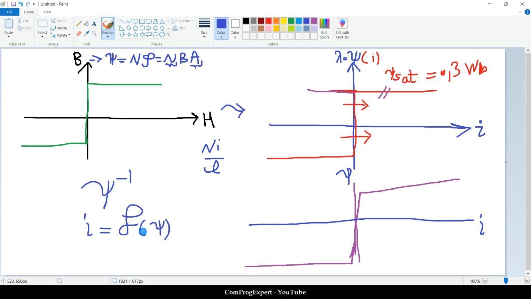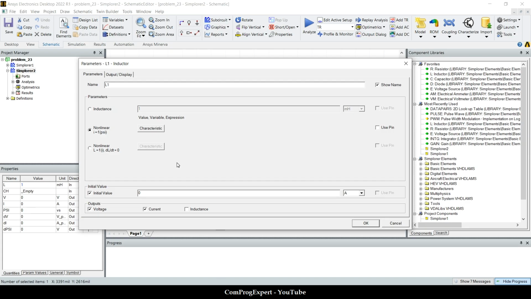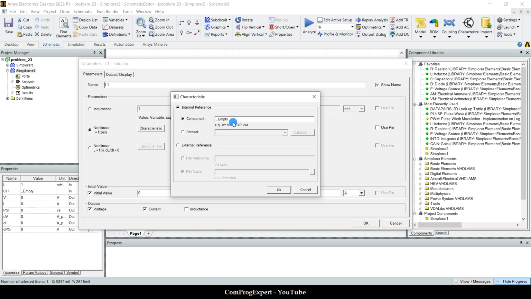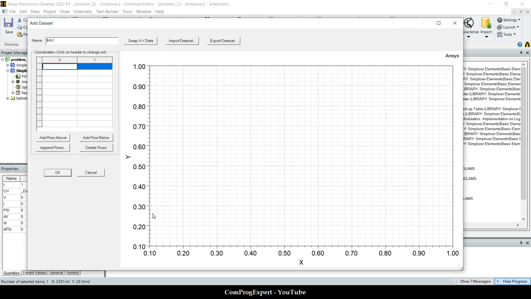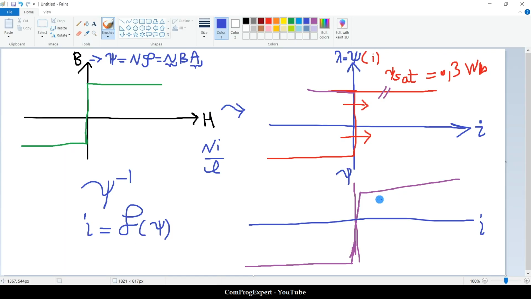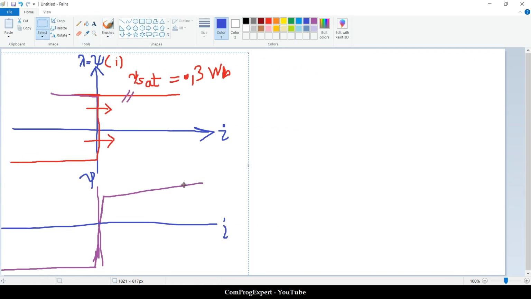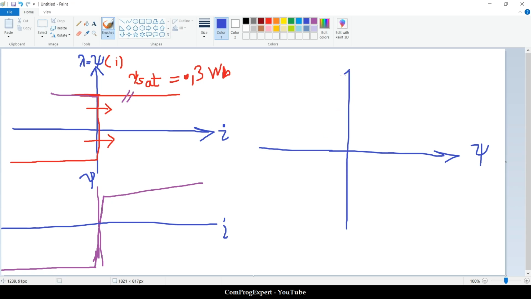So how can we define this function? We can define it like this. Let's define a data set. This will be our new function. This is the value of the psi. This is I. So we will define a function like this.